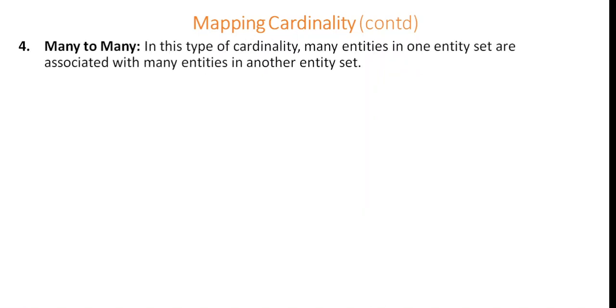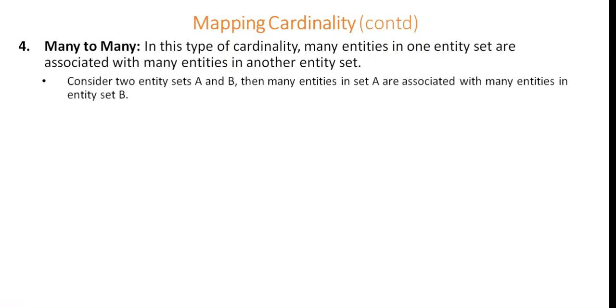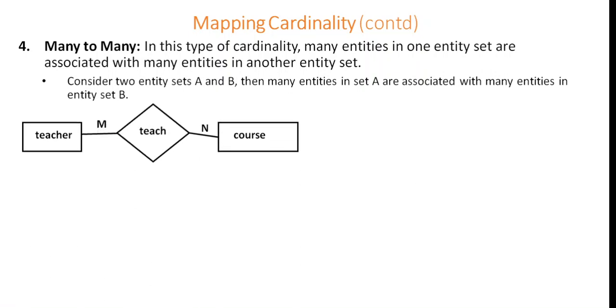the next type of relationship is many to many relationship. Now, as the name suggests, in this type of cardinality, many entities in one entity set are associated with many entities in another entity set. For example, many entities in set A are associated with many entities in set B. Okay, let's take one example.